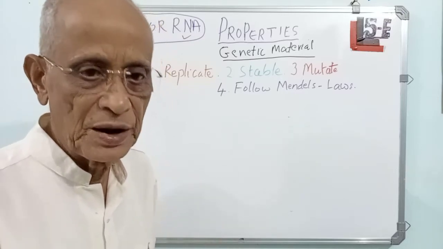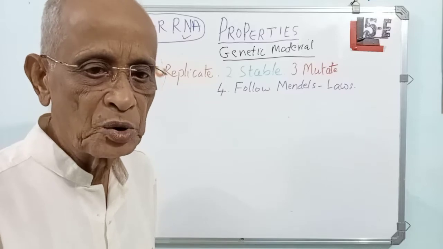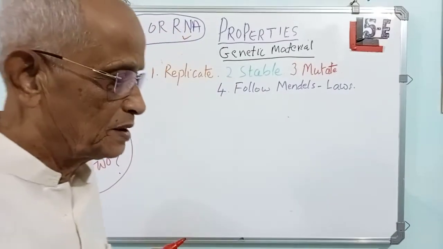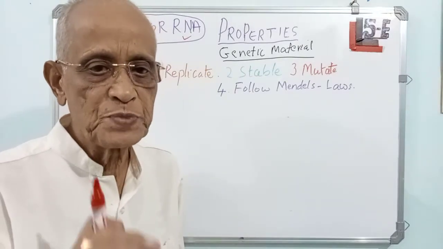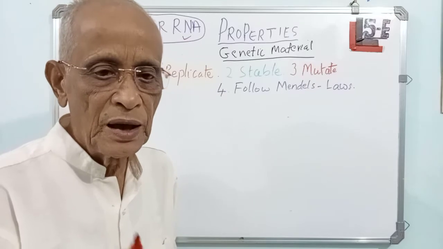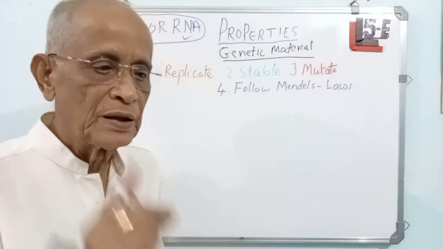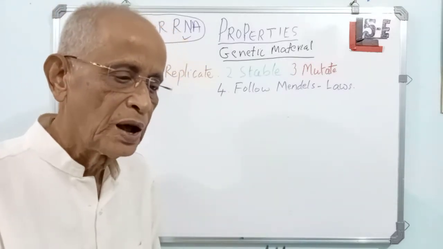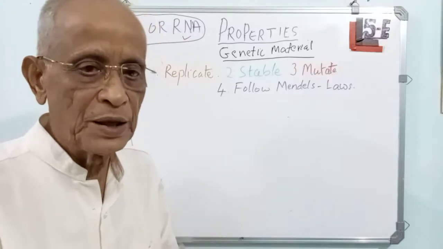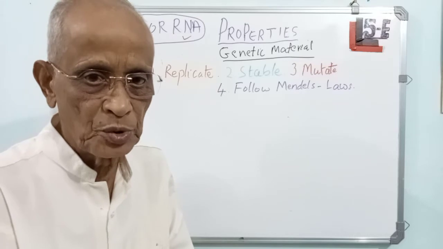That will be considered in finding out which of the two nucleic acids, DNA or RNA, is predominantly seen in all living beings as genetic material that not only stores and protects the information but passes it on to the next generation. That's the point we're going to go into.